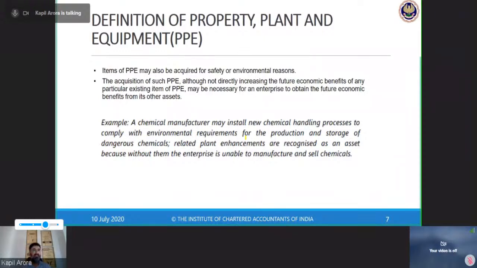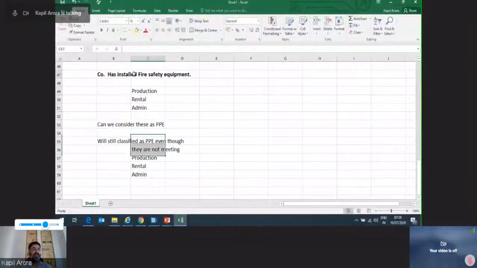Why? The reason is maybe I am not getting the benefit from that directly. But what will happen if I don't install these fire safety equipments?